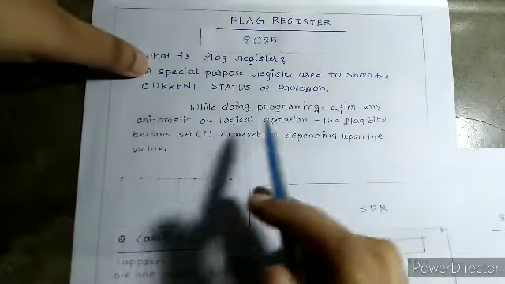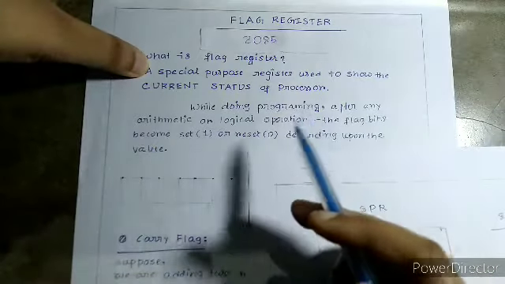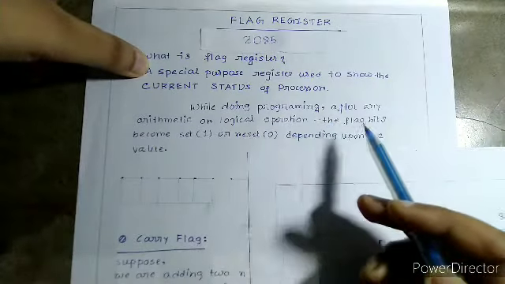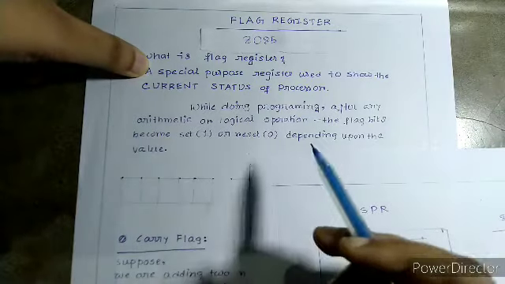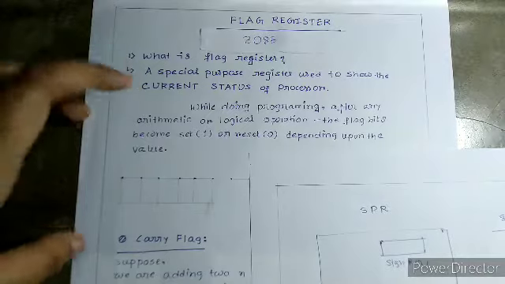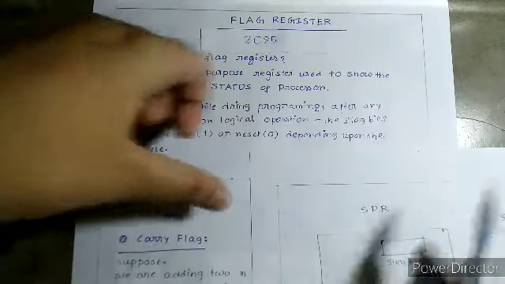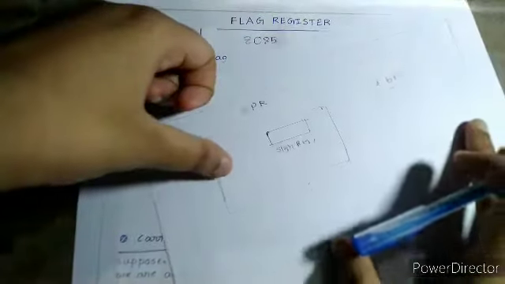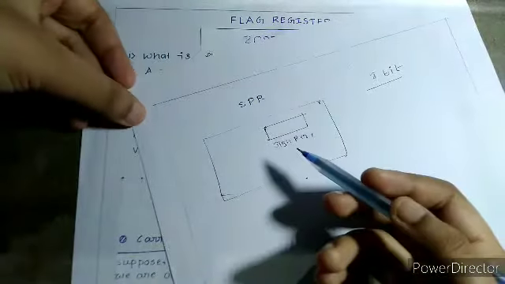While doing programming, after any arithmetic or logical operation, the flag bits become set or reset depending upon the value. This is the answer of why flag registers are needed. Many of you can ask why you even want to know the current status of the processor.